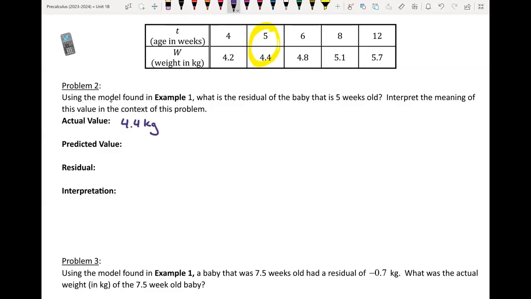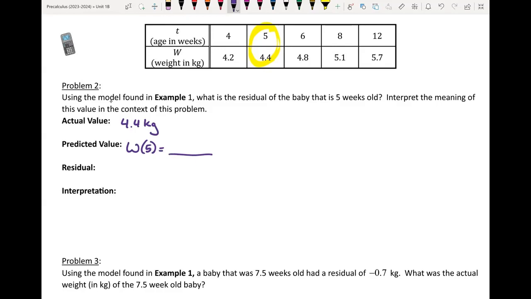We are going to use our model found in example 1 to get a predicted value. So back to your calculators, go ahead and plug in 5. So we're going to do W of 5. What is our predicted value from our equation?